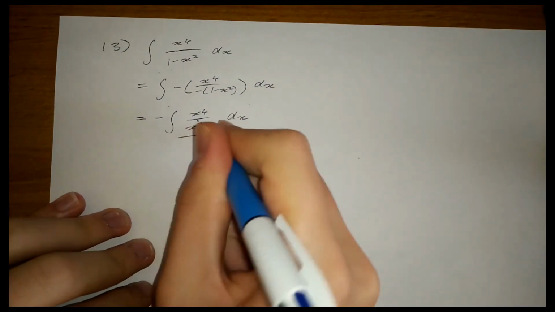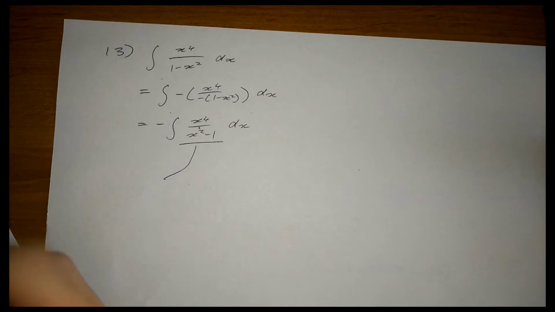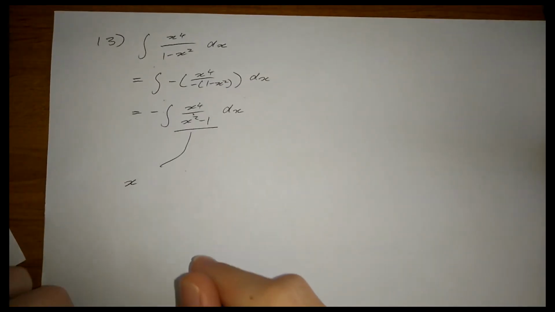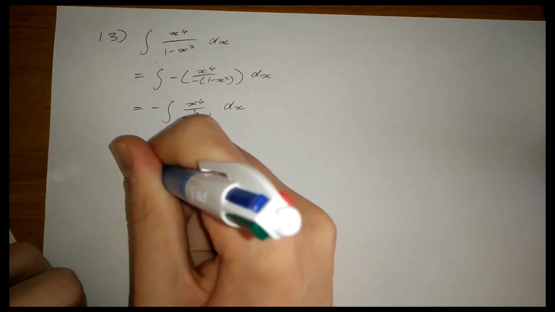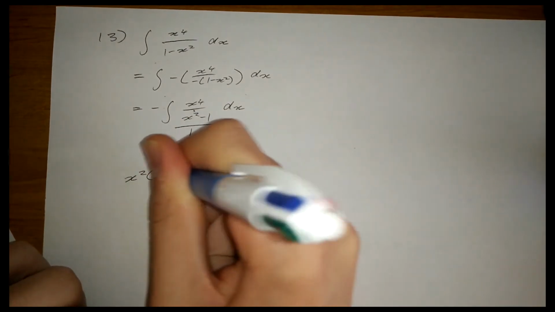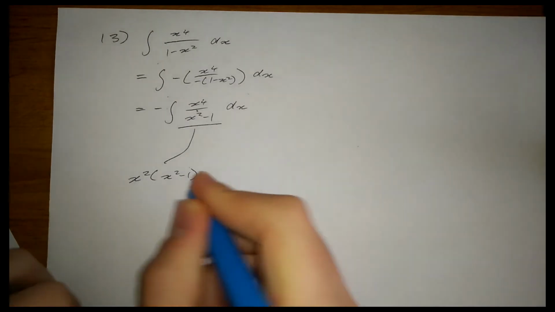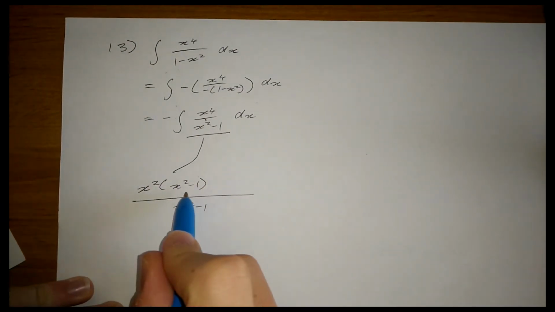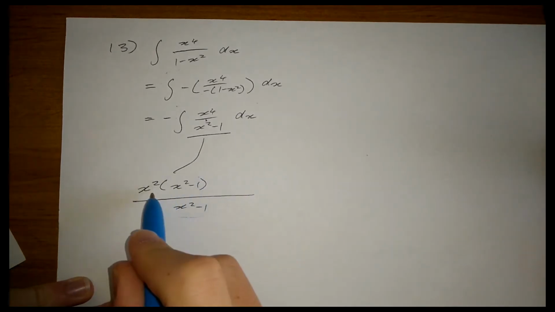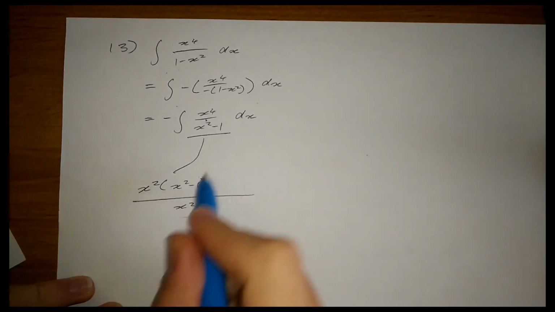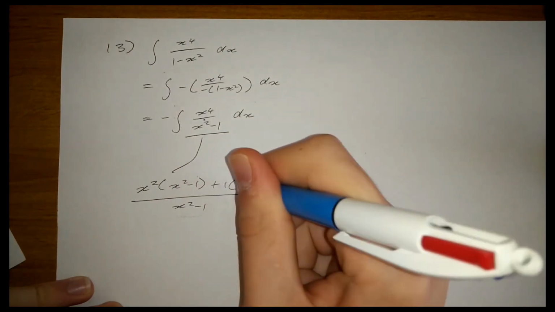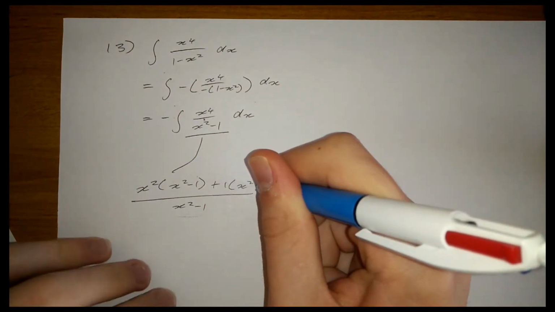So this over here, I want to simplify. So I'll factor it out. You can use long division, or you can just use this method. So I'll have x squared on top, x squared minus 1 on x squared minus 1. So this will cancel out with this. Well, here we have x to the power 4 minus x squared, so we need to bring that x squared back.